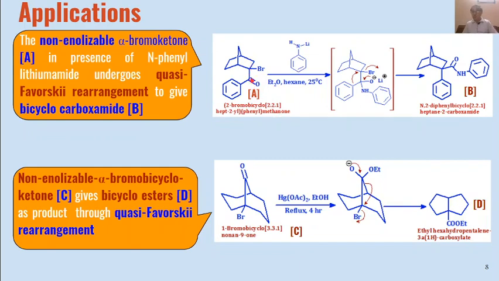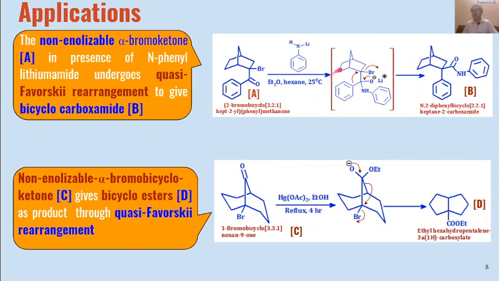So when this is reacted with n-lithium phenyl as the base, what will happen? This base will attack the carbon of the carbonyl directly instead of forming a cyclopropanone derivative, and we will get this type of intermediate. Then this will come back to this place to again generate the carbon-oxygen double bond, and then this phenyl will migrate to this place and bromide will be eliminated.